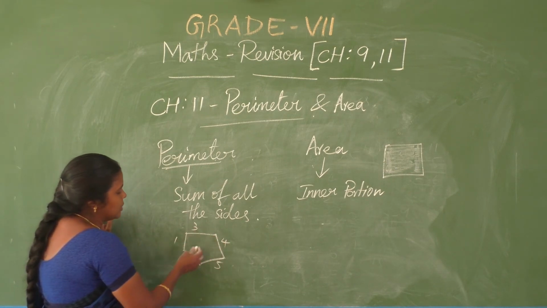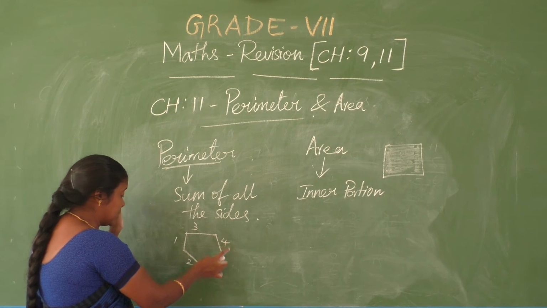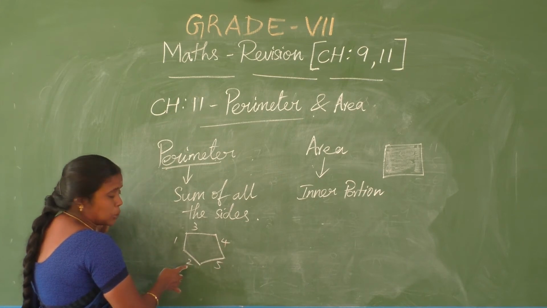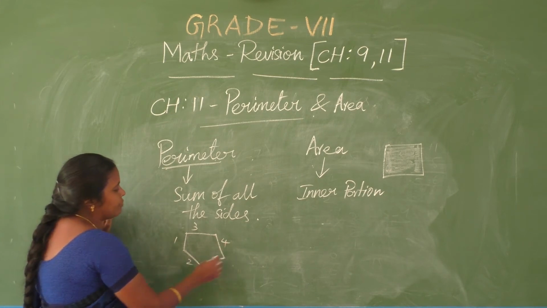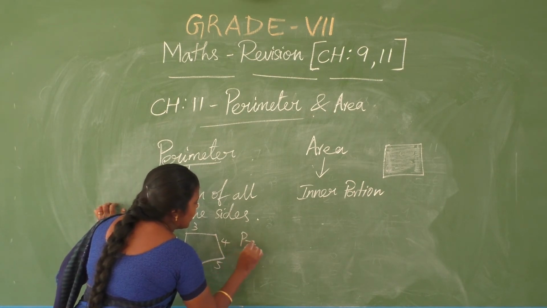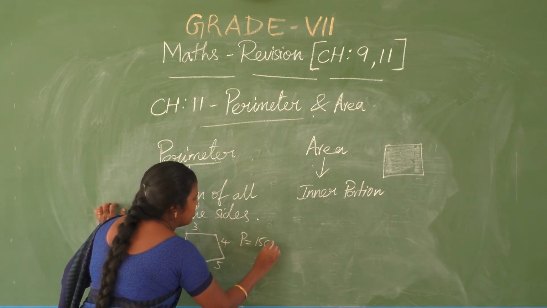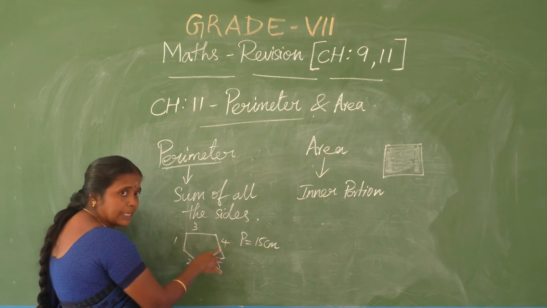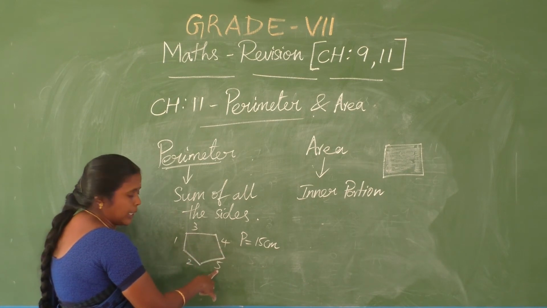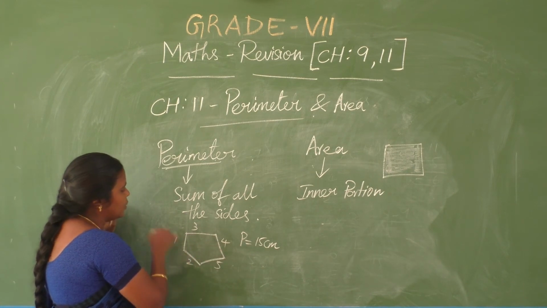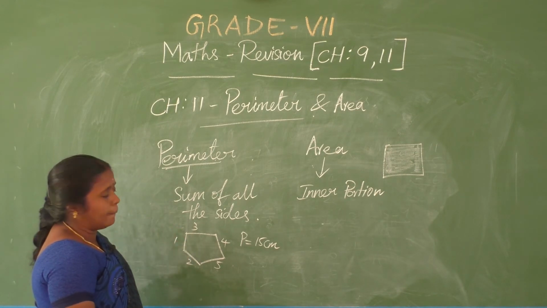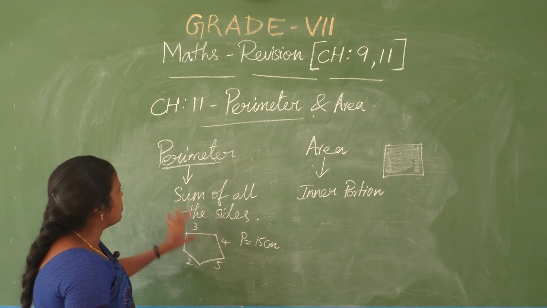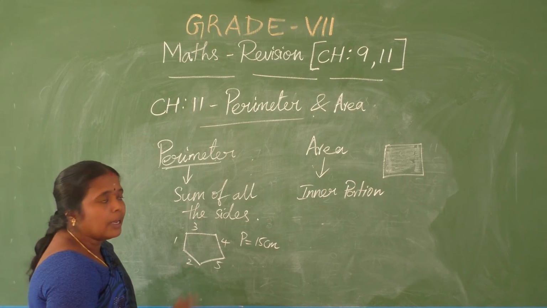So add 3 plus 4, 7, 7 plus 5, 12, 12 plus 2, 14, 14 plus 1, 15. So this perimeter is equal to 15 centimeters.